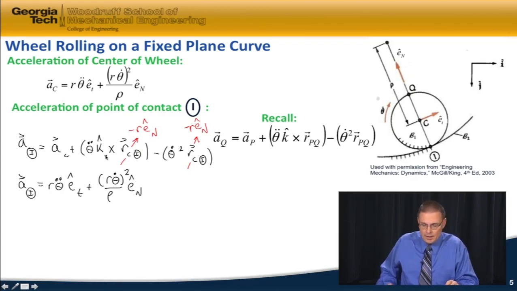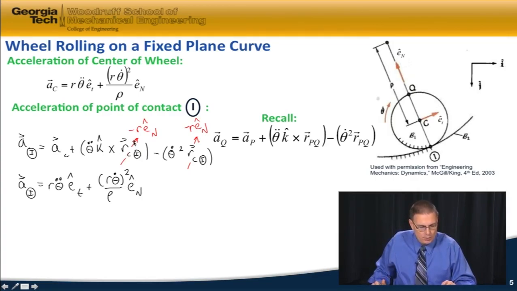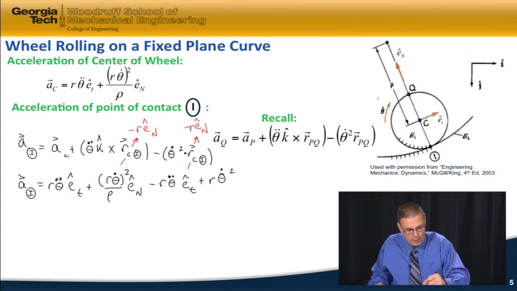And then I've got k, which is into the board again, crossed with e normal. By my right-hand rule, it's in the e tangential direction. Its magnitude is going to be r theta double dot. And so we've got minus r theta double dot, and we said k cross e normal is e tangential. And then I've got plus, because I got a negative times a negative, r theta dot squared e normal.